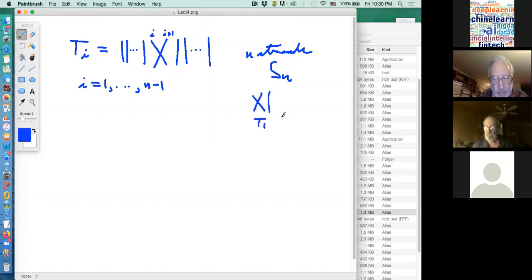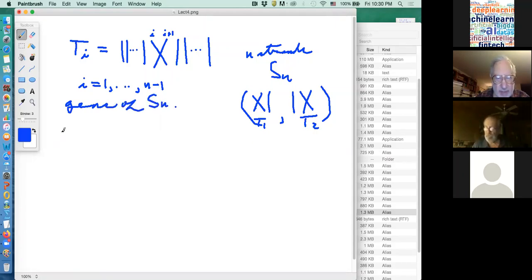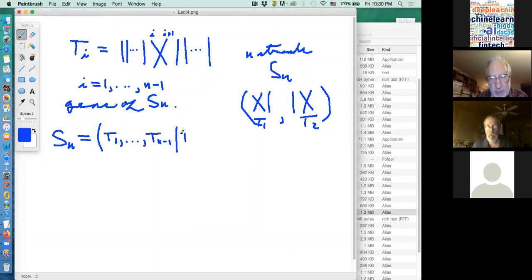T1 and T2. And I'm labeling it by the first strand, so I don't get a T3 for S3. These are the generators of Sn. And then Sn is, in fact, equal to the group generated by T1 through Tn minus 1. And the relations are Ti squared is equal to the identity for i equals 1 to n minus 1.